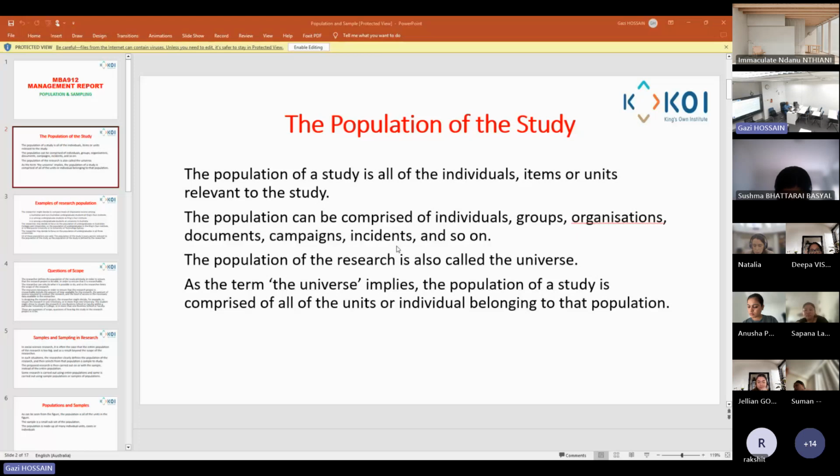So the population will depend on the topic. Sometimes it can be only KOI, sometimes it can be different universities and institutions in the entire country, depending on your topic.